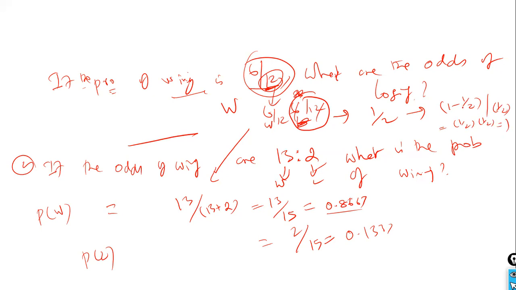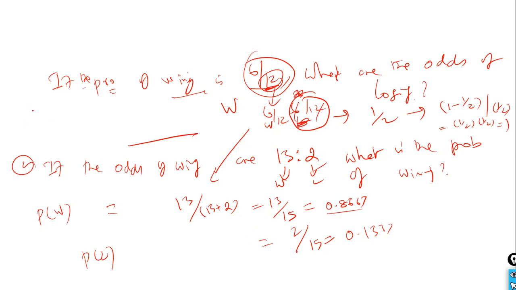Here, 1 minus 1 by 2, odds of losing, right? What does odds of losing mean? And what is the formula for odds of winning?